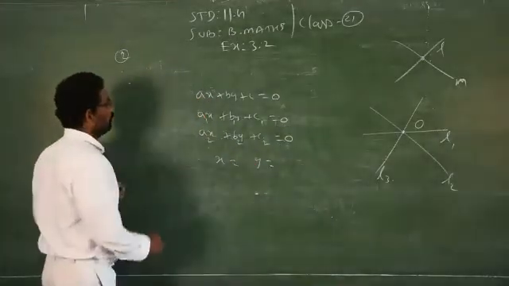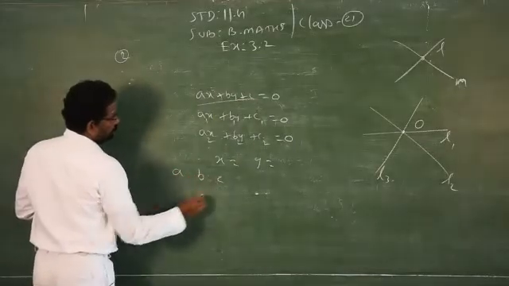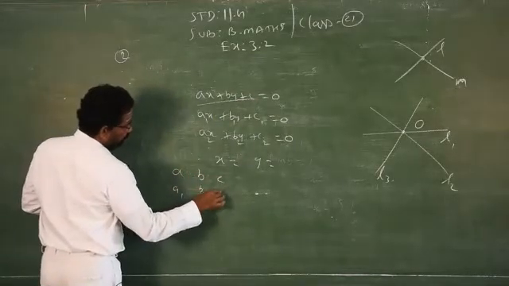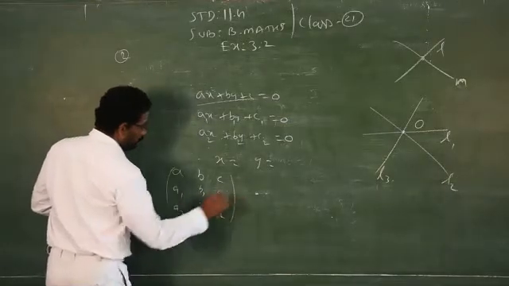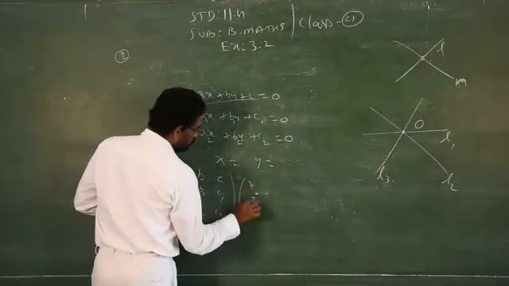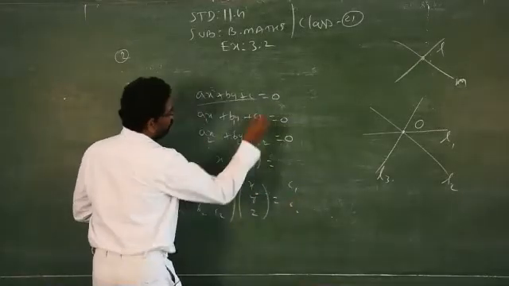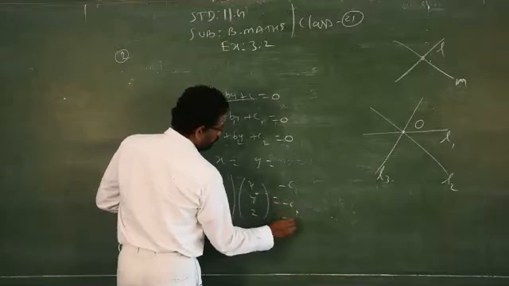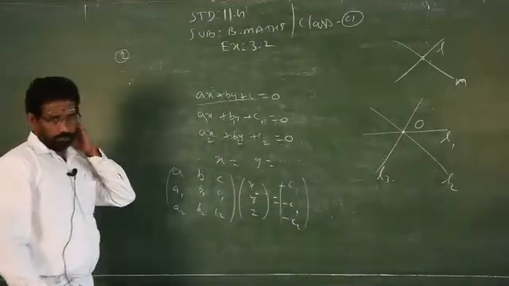So how to convert? You write the first row A, B, C, then A1, B1, C1, then A2, B2, C2, then X, Y, Z is equal to the constants, isn't it? Here it will become minus C, minus C1, minus C2. This is the way you write it.